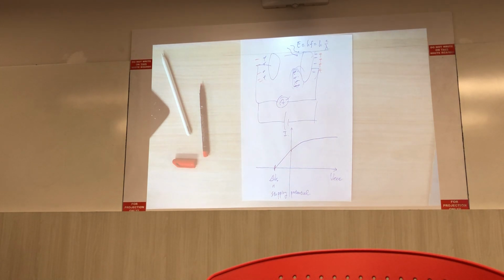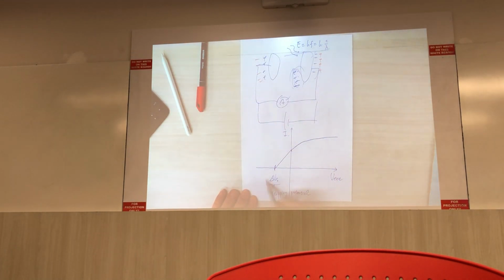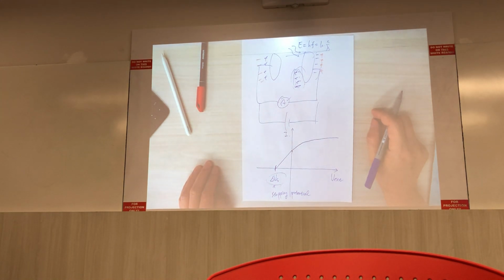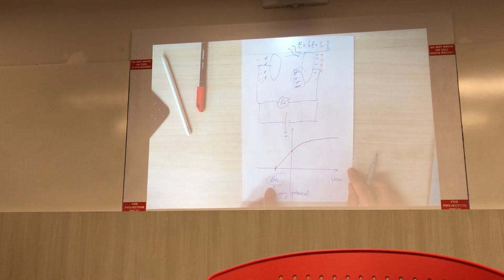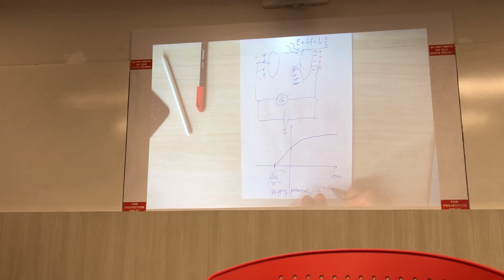Alright? Because I already defined this stopping potential, from it I can define a potential energy. My potential energy is going to be the stopping potential times its charge, so this is the electron charge, isn't it?